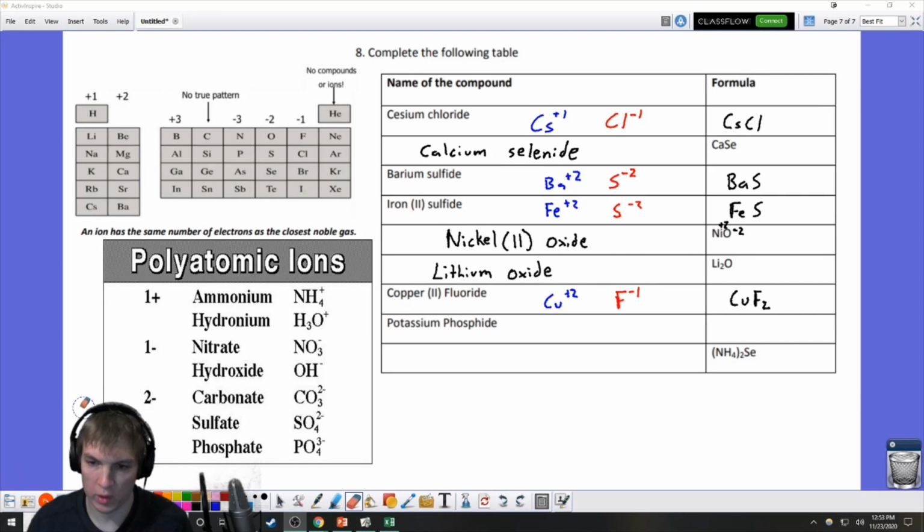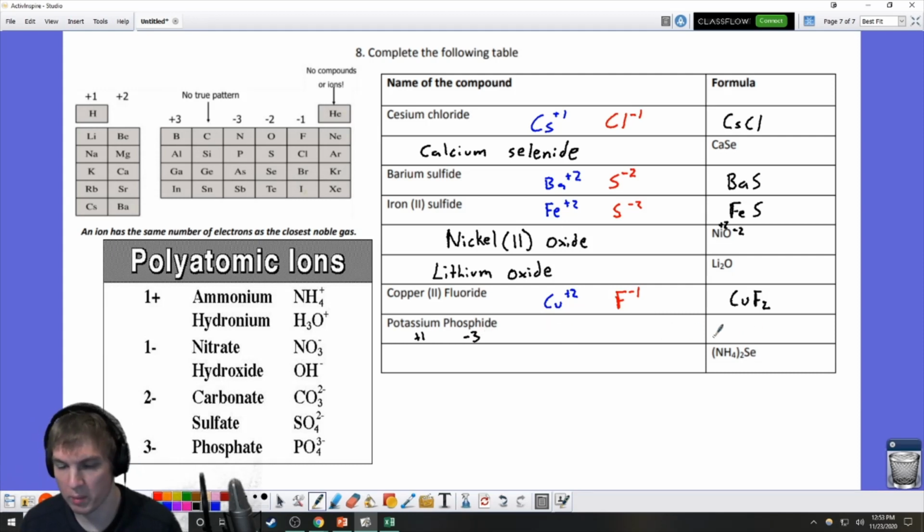All right, so for the final ones, potassium phosphide. Potassium has a charge of +1, and phosphide has a charge of -3. So I'm just going to wrap this up pretty quickly. Potassium, +1, -3. This is one of the very few charges where you've seen a positive charge be less than the negative charge. This is, I think, one of the first times we've seen this in this set of notes.